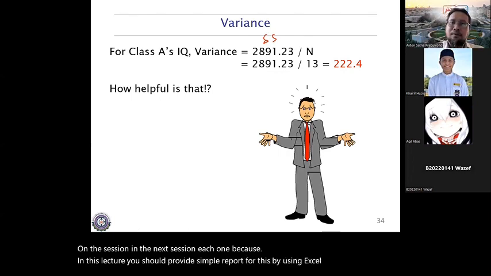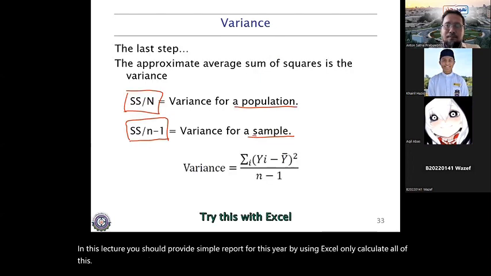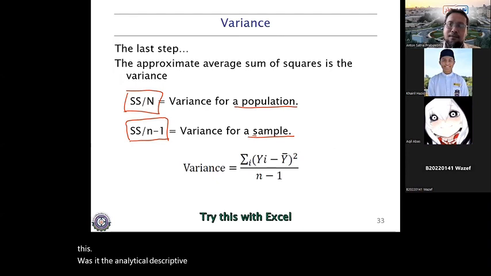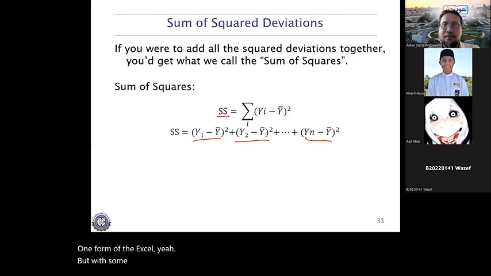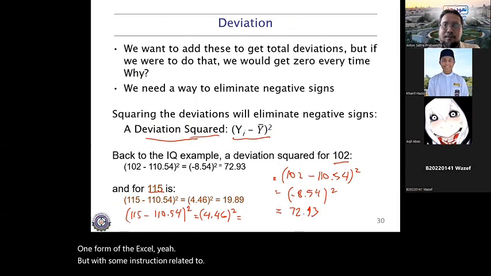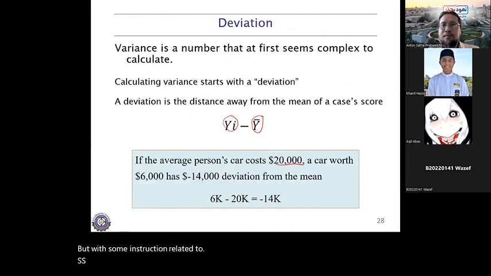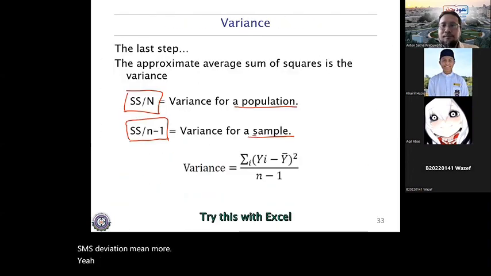Calculate all of this, the descriptive analytics, by using one form of the Excel, with some instructions related to SS, deviation, mean, mode, variance, in order to become familiar with Excel.